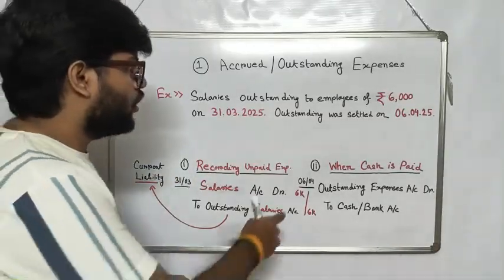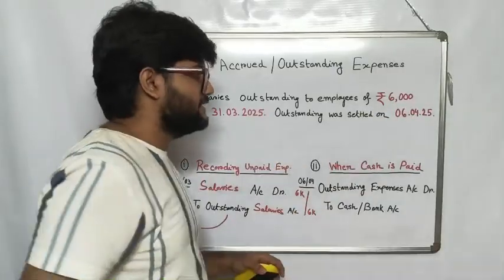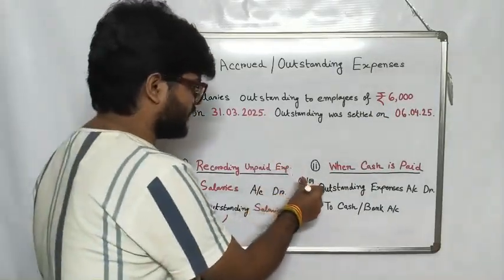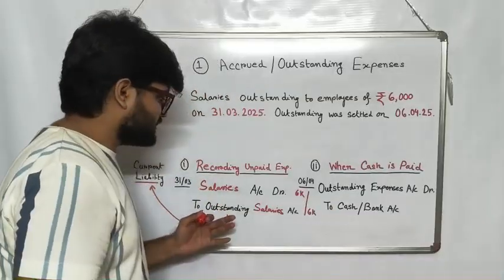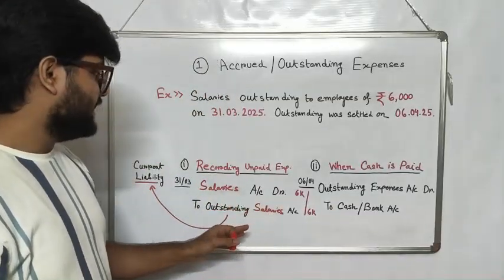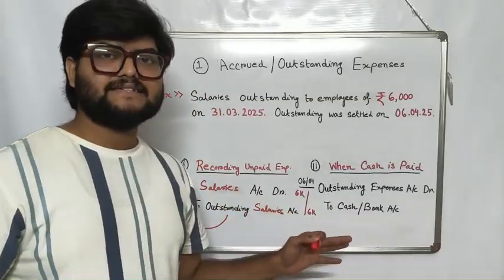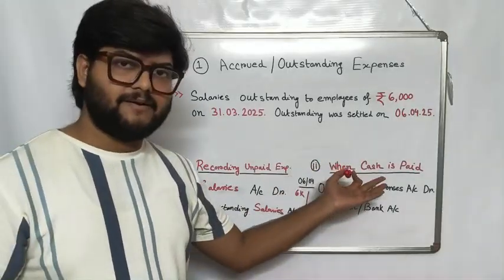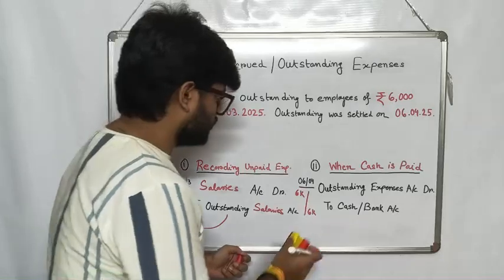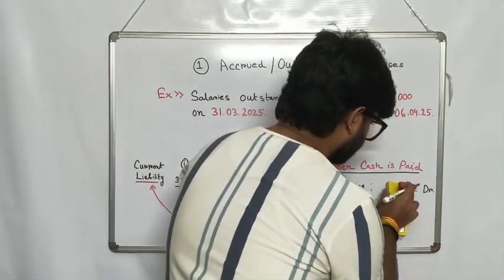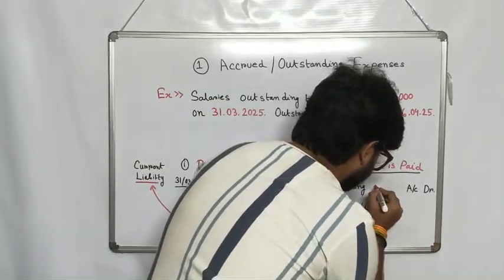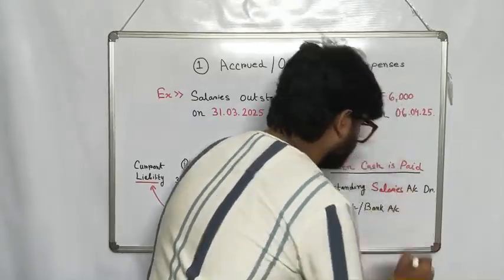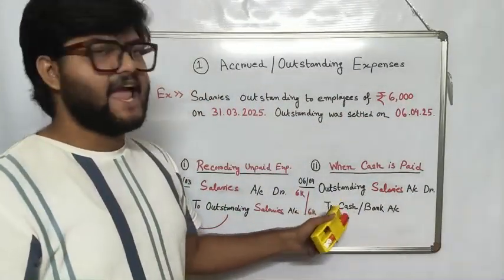Moving on to 6th of April, the actual payment has been made. Now on the 6th of April, the simple thing that we'll do is that the outstanding salaries that has been credited before will be debited now. So I'm writing it here, outstanding salaries account debtor to cash or bank.